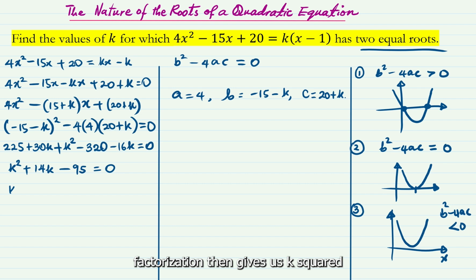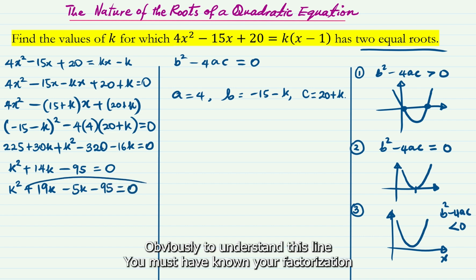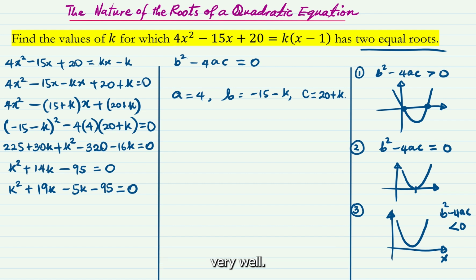Factorizing then gives us k squared plus 19k minus 5k minus 95 equals 0. Obviously, to understand this line, you must have known your factorization very well.